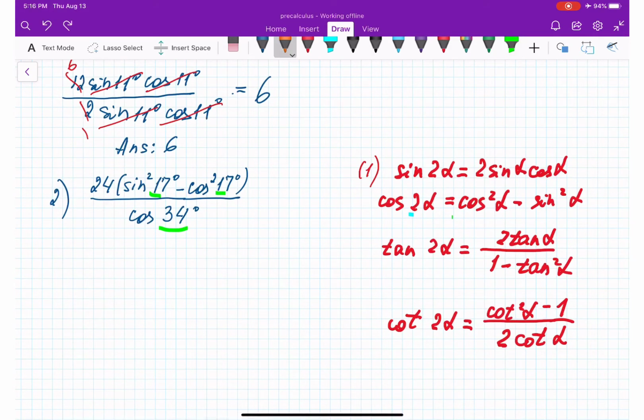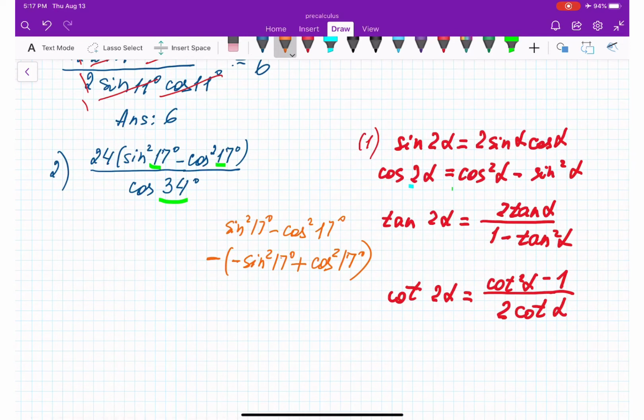How am I going to do that? I'm going to write down sine squared 17 degrees minus cosine squared 17 degrees. That is going to be equal to negative, I put a negative in front. To go slow, it's going to be negative sine squared 17 degrees and then plus cosine squared 17 degrees.